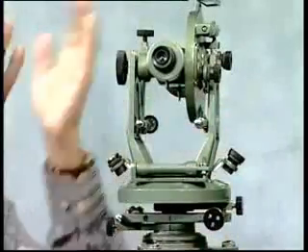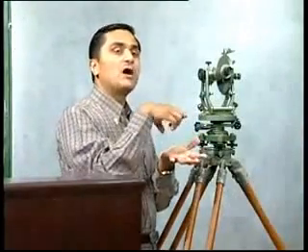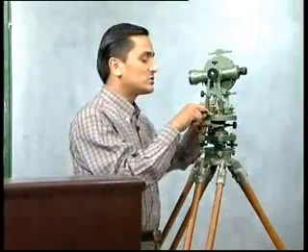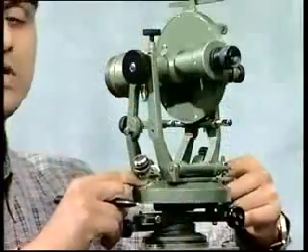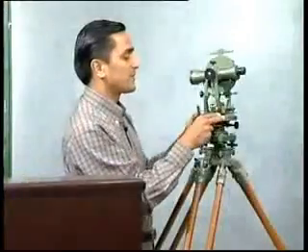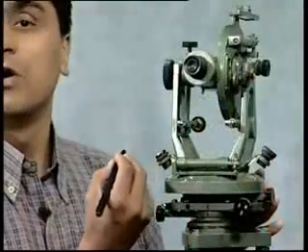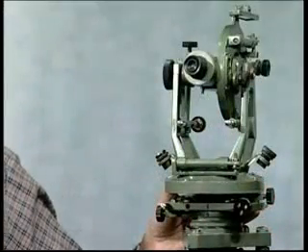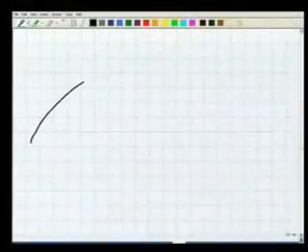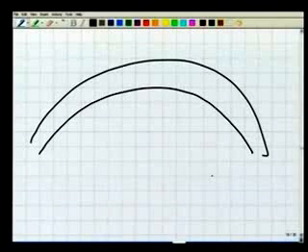Well, we go further up. Having understood the construction of the bottom plate, upper plate, and angle measurement, we look through these glass windows, where this is vernier A and vernier B, so that I can see inside and read the verniers. If you go further up, here is a bubble tube. What is this bubble tube? Bubble tube, as you might have seen somewhere else also, is a part of a large circular tube.